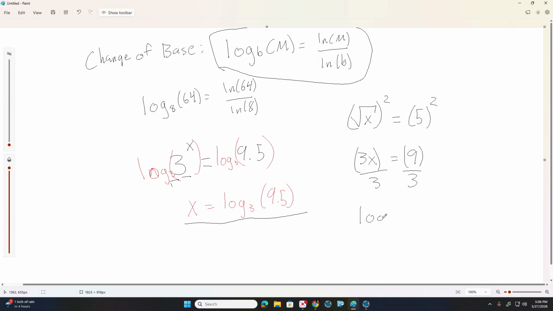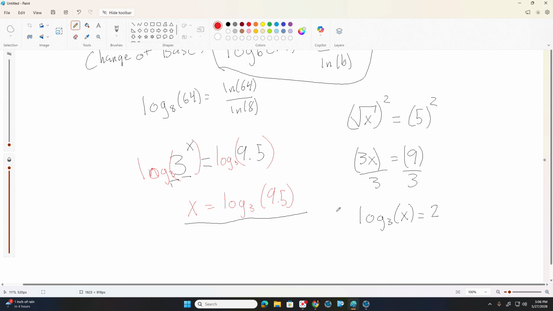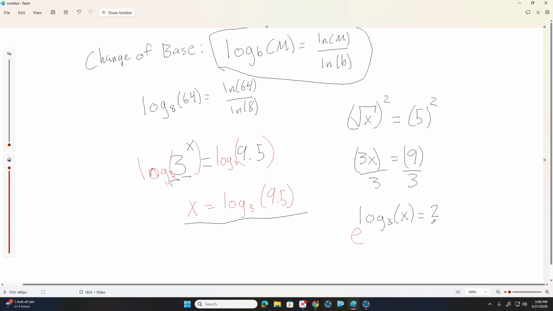Also, if you have a logarithm, you can still do something to both sides. It feels less satisfying, but you take the base to the power of both sides. Sorry, not e. Take the base to the power of both sides.